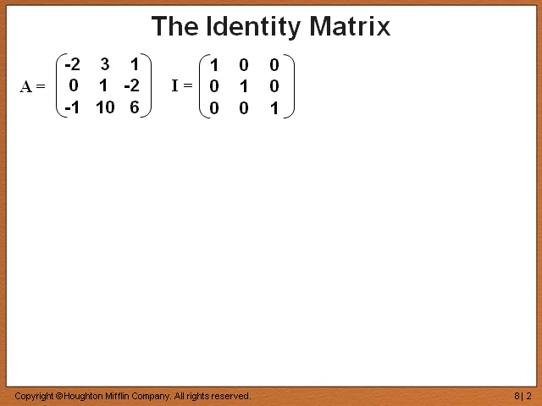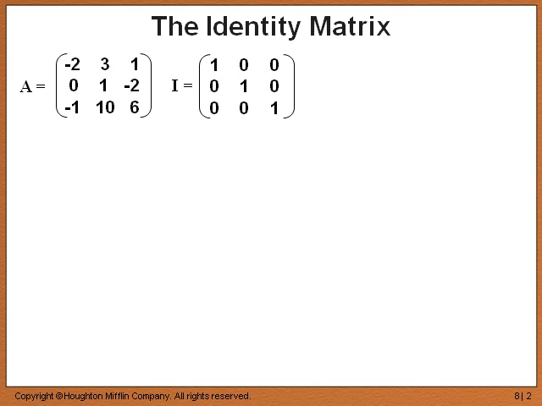You can see that looks like what you get when you do Gauss-Jordan elimination on a matrix. It looks like the left-hand part of that matrix. Ones on the diagonals, and zeros everywhere else. Well, this is called the identity matrix because it's the multiplicative identity.